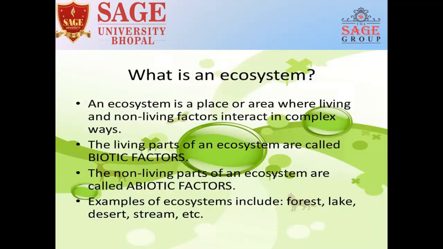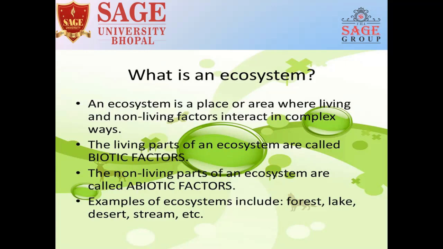What is an ecosystem? An ecosystem is a place or area where living and non-living factors interact in complex ways. The living parts of an ecosystem are called biotic factors and the non-living parts of an ecosystem are called abiotic factors.